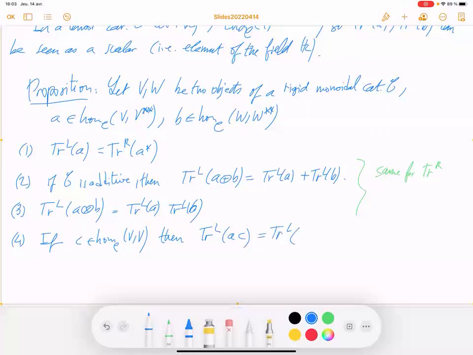In matrix, in linear algebra, the trace of two matrices AB is equal to the trace of BA.